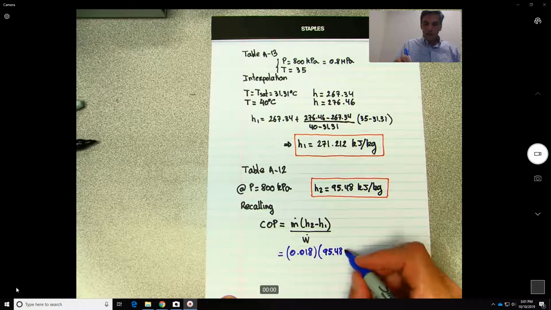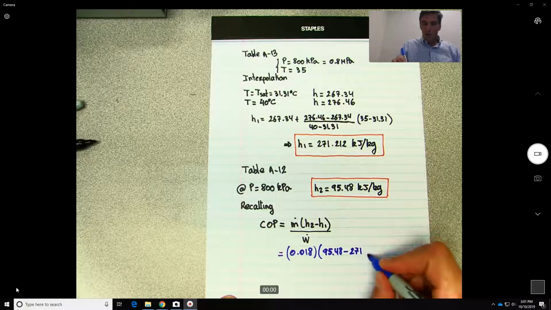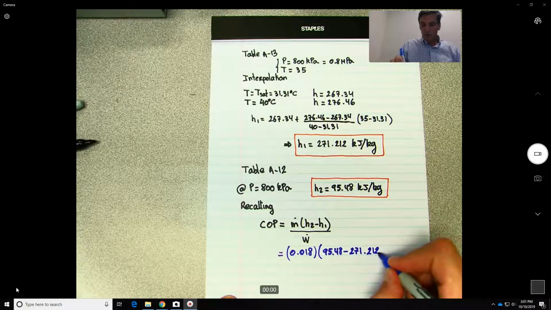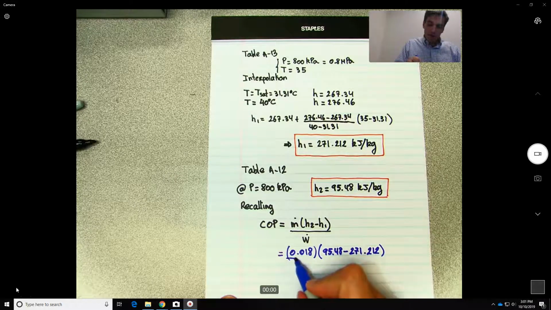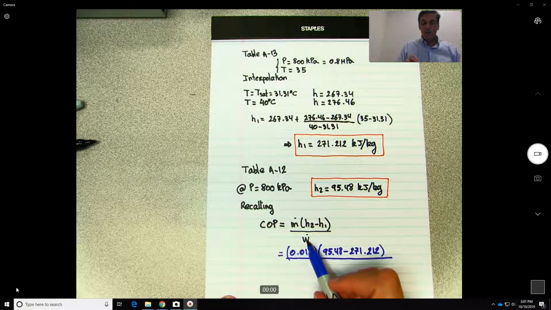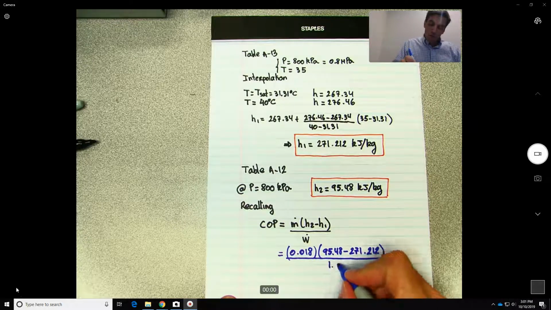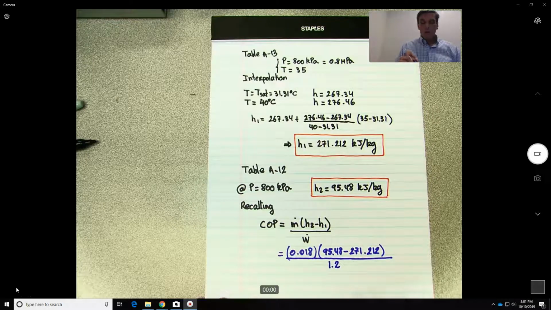Then H2 over here is 95.48. H1 minus 271.212. And this is kilojoules. We have this in kilowatts, so that should be good. Divided by 1.2. So let's see, this will give you a negative value, so that's not reasonable.